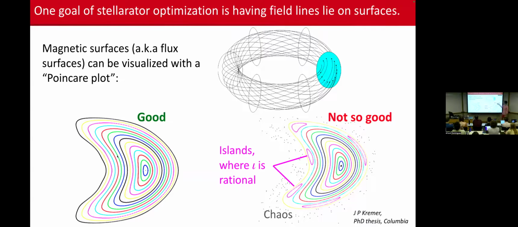And if you have more complicated topology of the magnetic field, you might get magnetic islands. You can see these islands on the outer edge, and you might get full chaos where there's no clear structure to where the magnetic field line will arrive at when it punctures again.